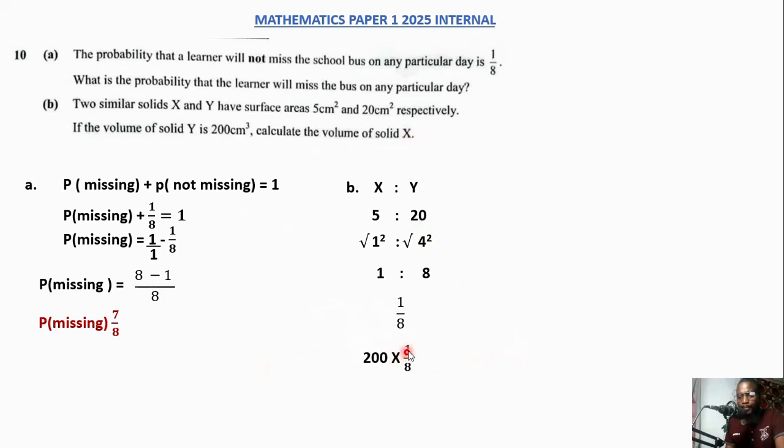So 200 by the fraction I've found, and we have something like this. So the volume now will be equal to 25 centimeter cubic, because 200 times 1 is 200, then 200 divided by 8 is 25. So we have 25 centimeter cubic.